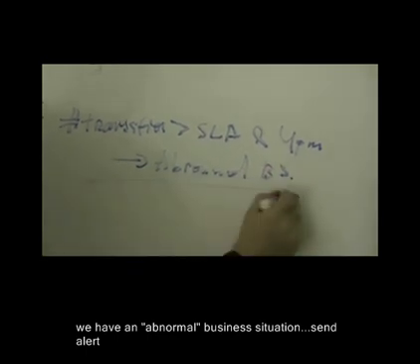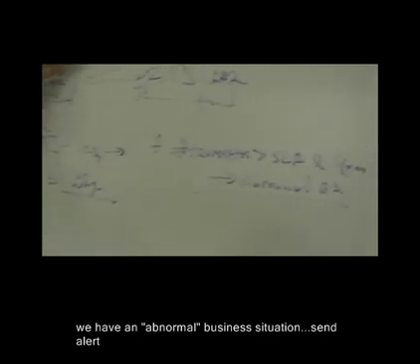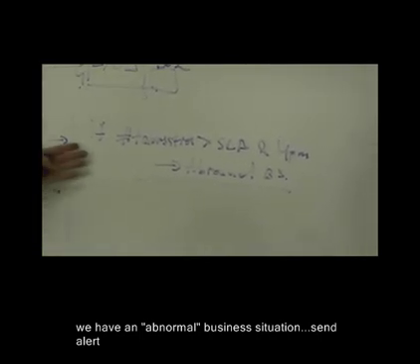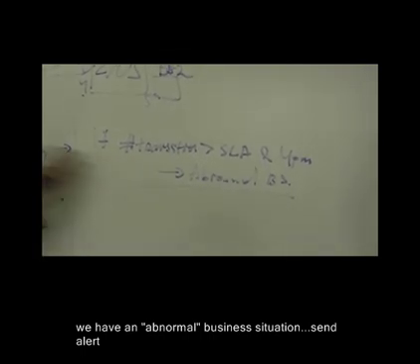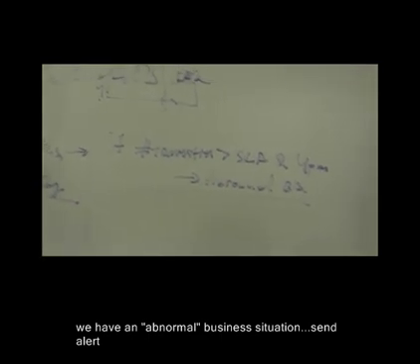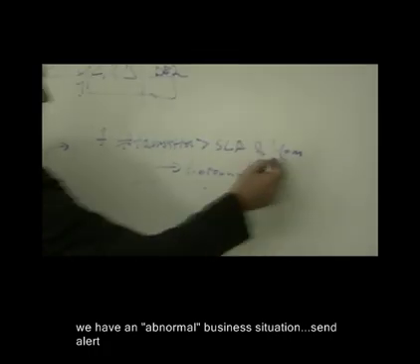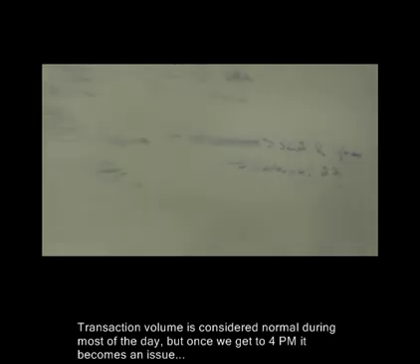So this is an algorithmic rule that one would provide to our CEP engine. Even though a number of outstanding transactions with a specific SLA could be completely normal during the normal course of the day, once we hit 4 p.m., it becomes abnormal.